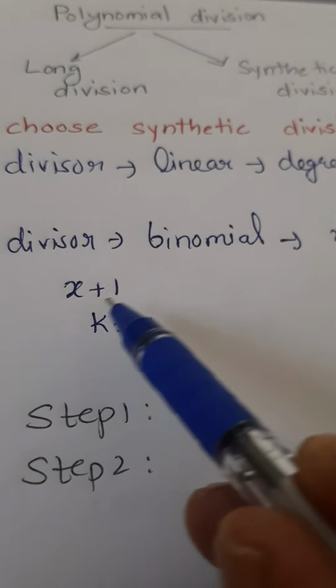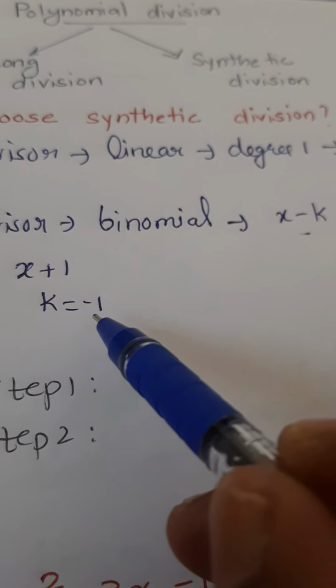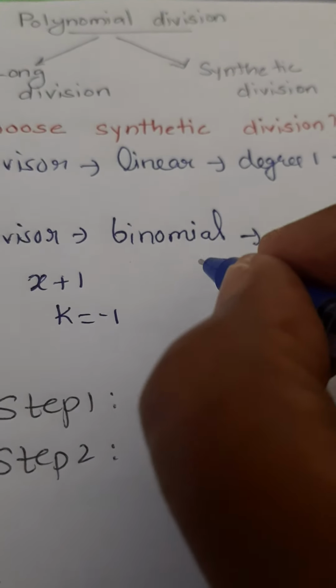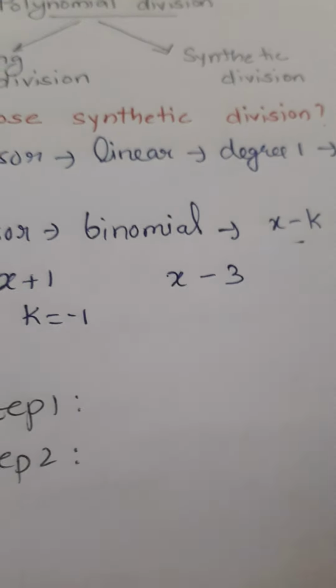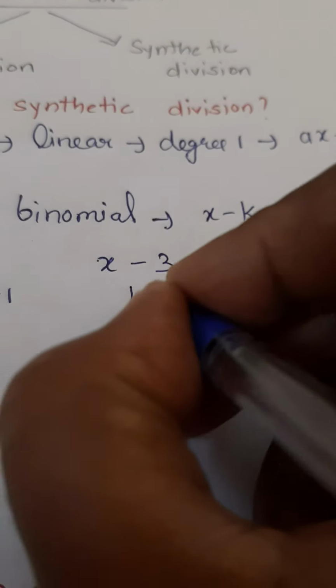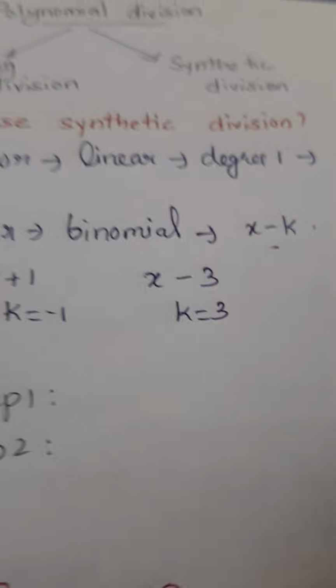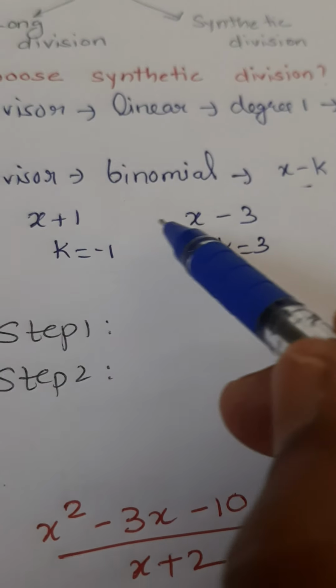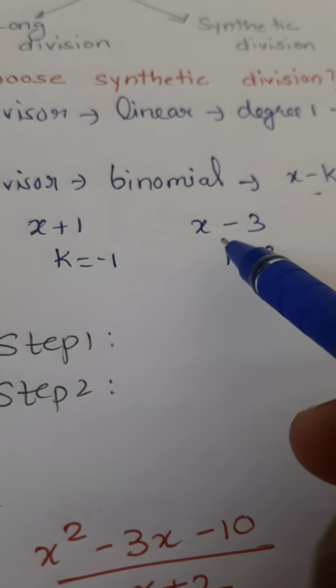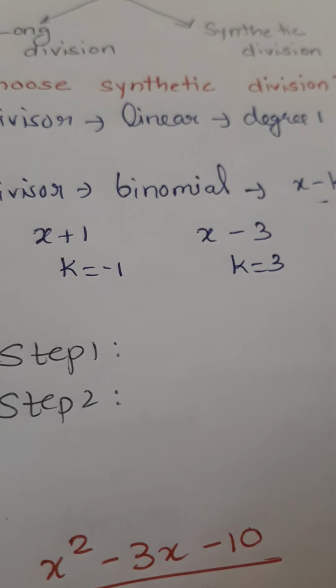Another example is x minus 3, where k is equal to 3. If such linear polynomials are given as a divisor, then you should go for synthetic division.